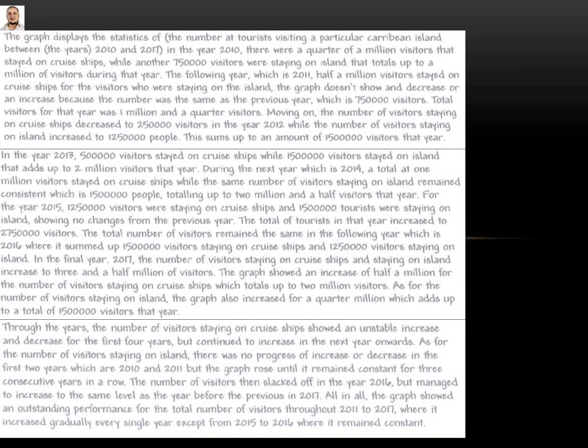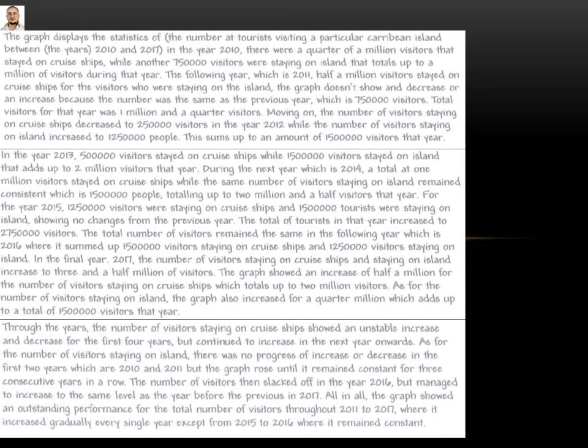The graph showed an increase of 500,000 for the number of visitors staying on cruise ships, which totals up to 2 million visitors. As for the number of visitors staying on island, the graph also increased by 250,000, which adds up to a total of 1,500,000 visitors that year.